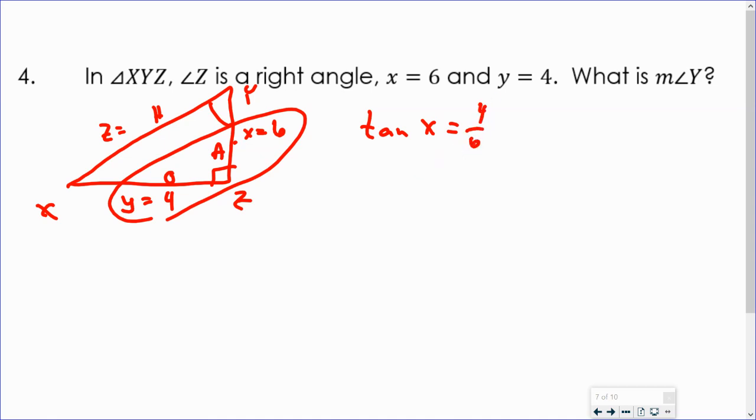So now, once I get this, I'm going to go inverse tangent, X is equal to 4 over 6, which is, let's see here, inverse tangent of 4 divided by 6. So this is about 33 degrees.